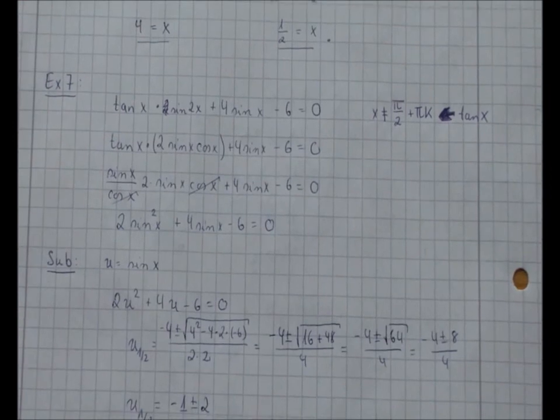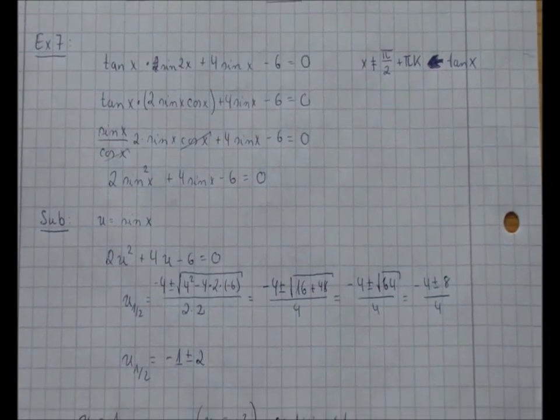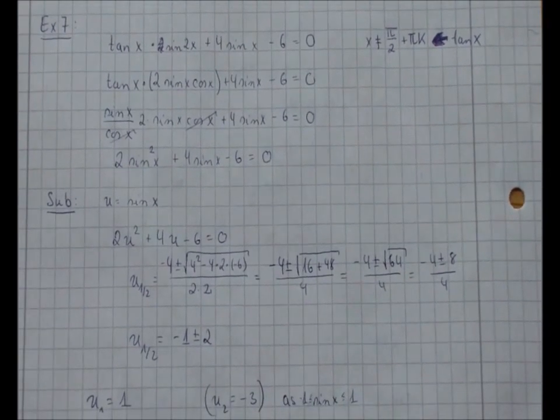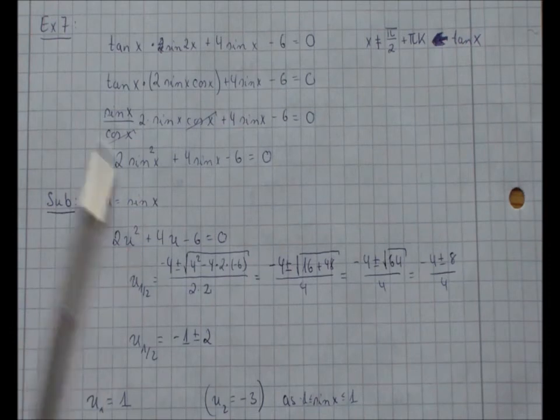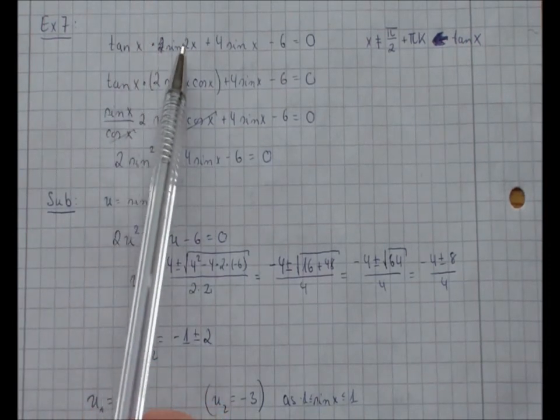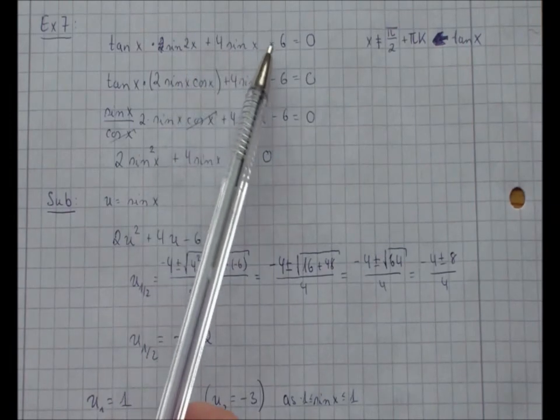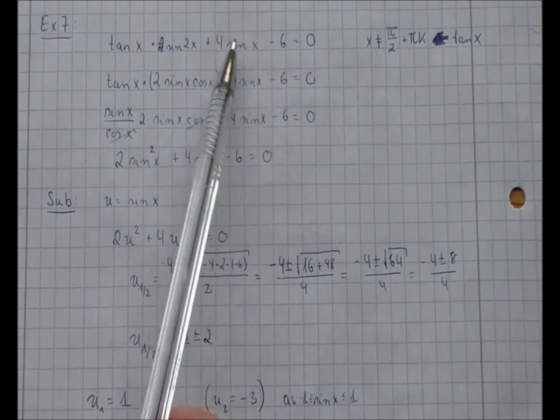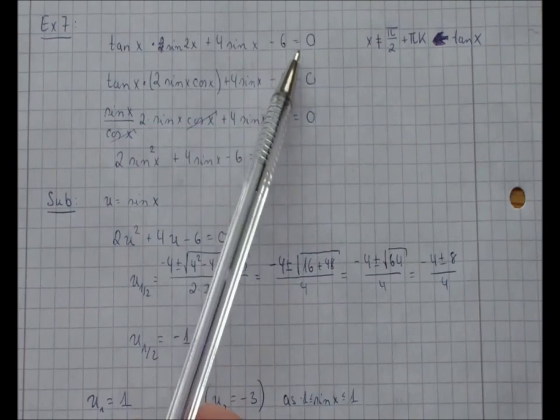Now the seventh example is pretty constructed, I must say, because I was looking for something which had a trigonometric equation which would give you a quadratic equation. So we have tangent of x times sinus 2x plus 4x minus 4 sinus x minus 6 equals to 0.